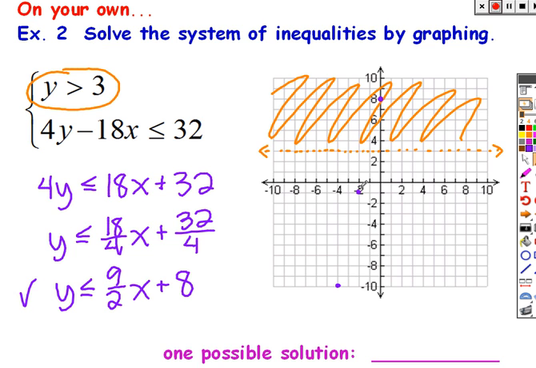And now, should I make this line solid or dotted? Well, I want anything that's less than or equal to. So I want to include all of these points because these points would be where the y value equals 9 halves x plus 8. And then I want anything less than that. So anything less than that would be in this region.